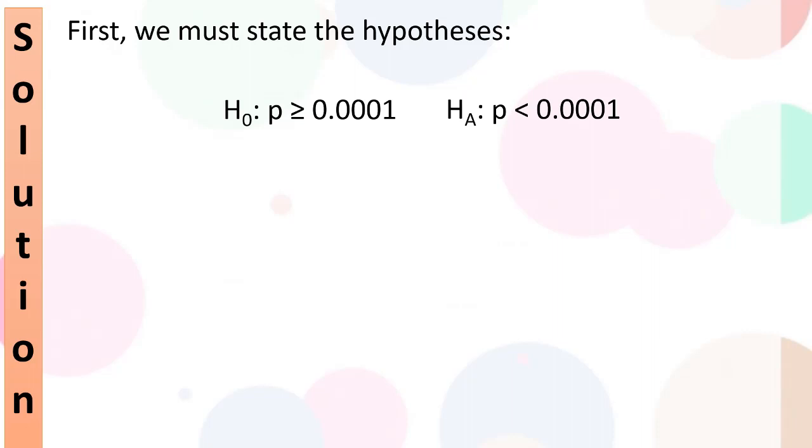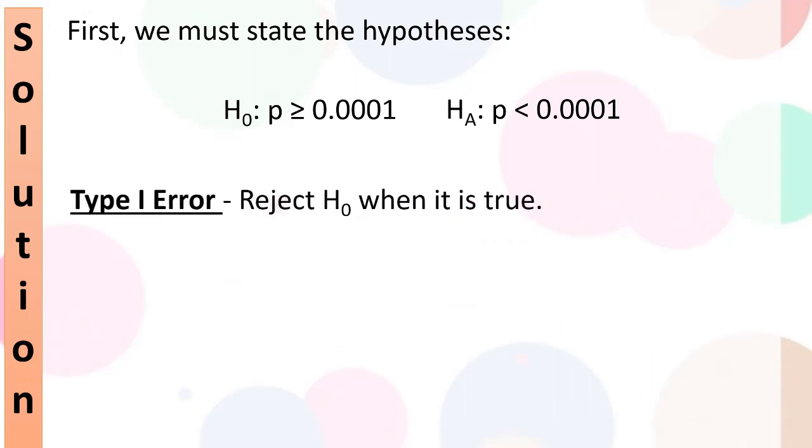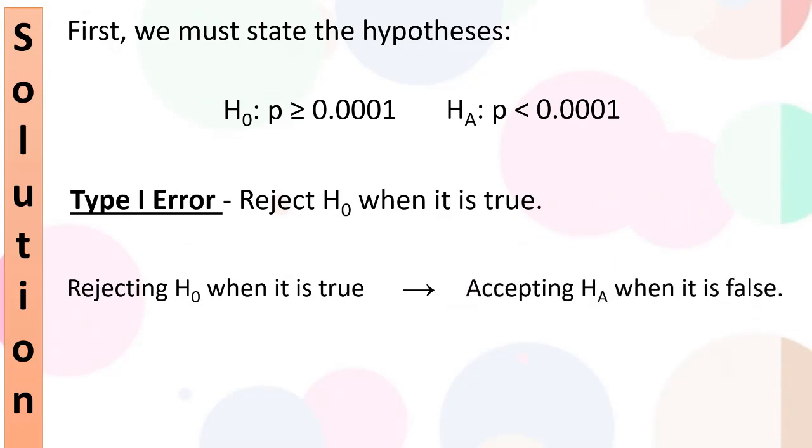So now that we've got our hypotheses, we can think about what each one of these error types would be. So let's start with a type 1 error. A type 1 error happens when we reject H0 when it's a true statement. So in this error, rejecting H0 when it's true would mean that we'd be accepting HA when it's false.